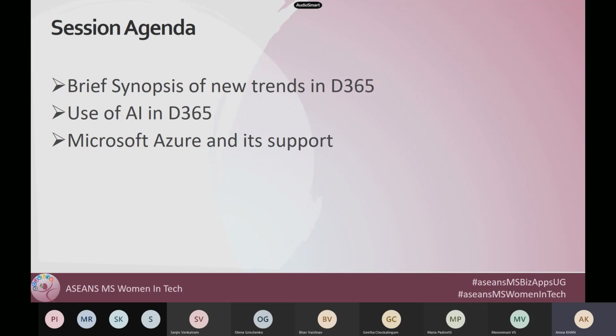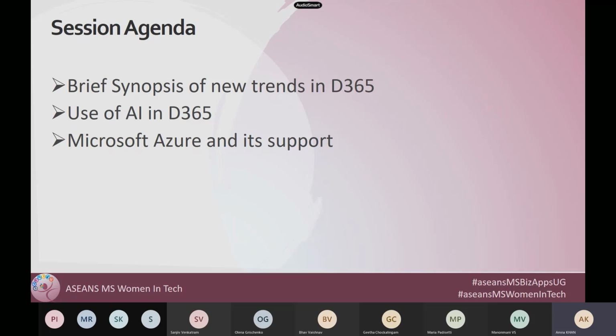Going to the agenda, as per the title of this presentation, first we will find out what is new in D365. It's been a long time. We have heard the tagline for D365, and Microsoft is continuously improving the products and adding new timelines in the suite of D365.